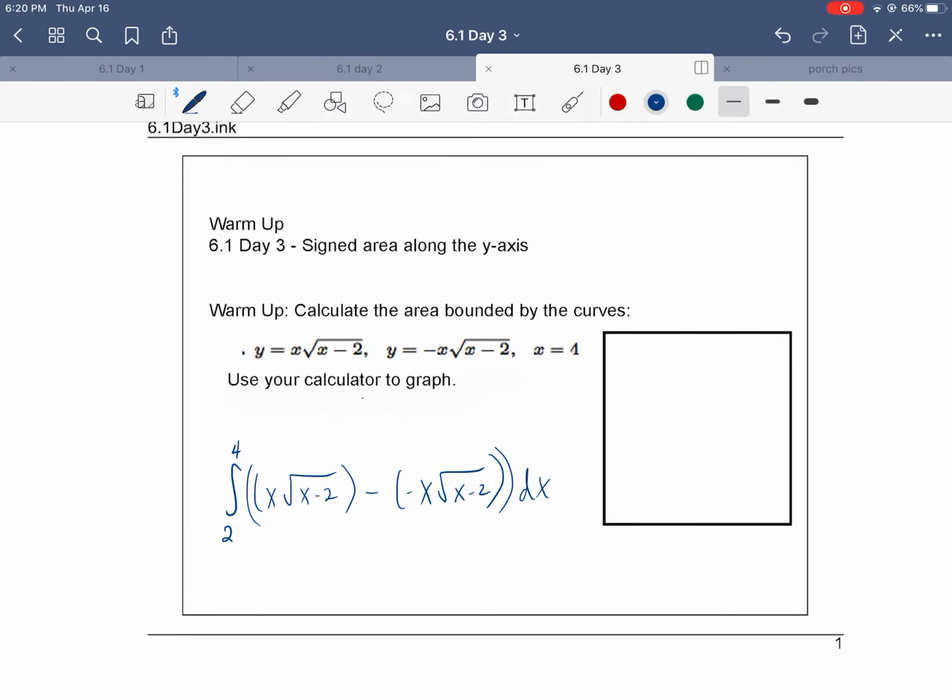Okay, so then we end up having really minus a negative or plus a positive. So 2 to 4, 2x square root x minus 2 dx. Okay, that can go into our graphing calculators.